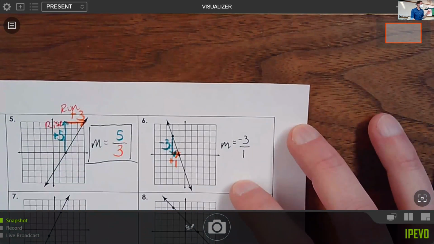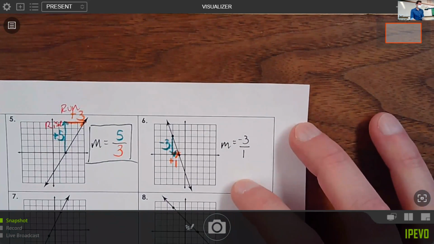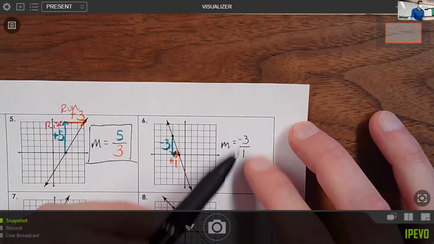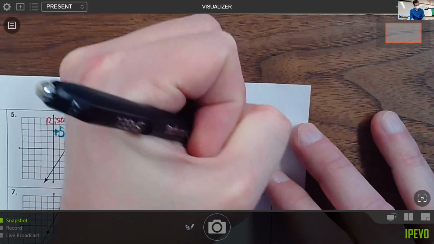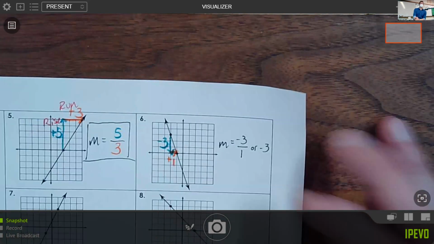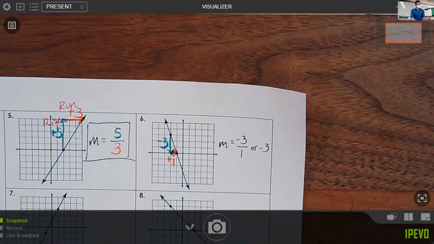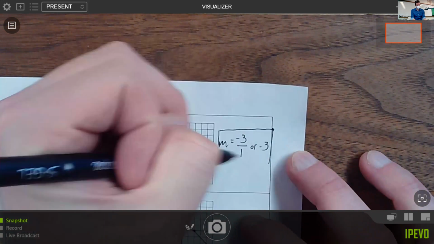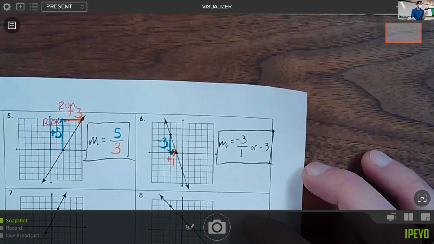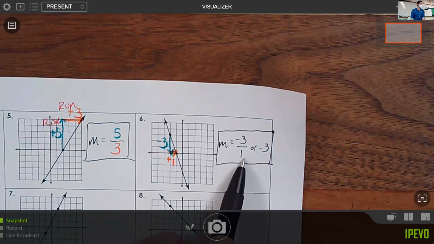Now, you have an option here. You can leave this as -3 over 1, or you could just write -3. Generally, when you're writing the slope, I'm going to recommend using this first one, -3 over 1.